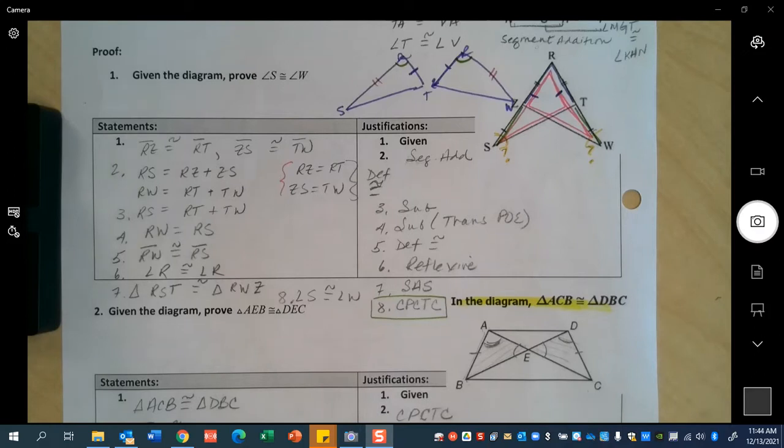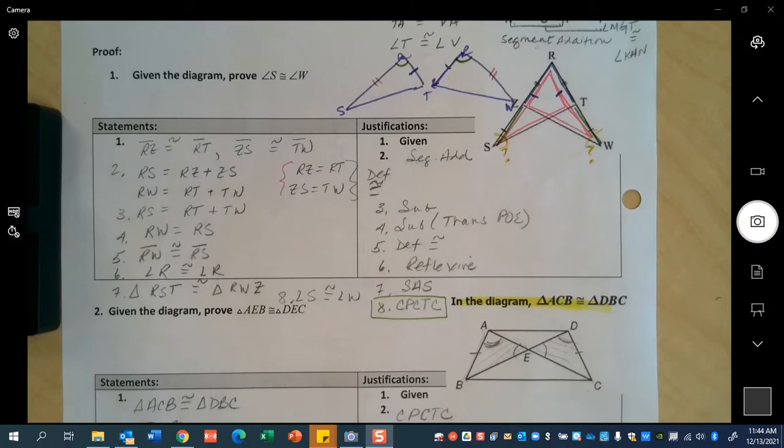And these marks were tricky because I had 2 marks here, 1 mark here, 2 marks here, 1 mark here. So I needed this whole side to be congruent, which is why I had to convert from congruent pieces to equal distances. And then I had to add the distances together. And then I used lots of substitution, transitive property of equality, to get those 2 lengths equal to each other.